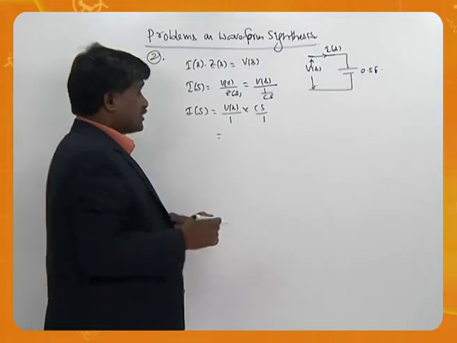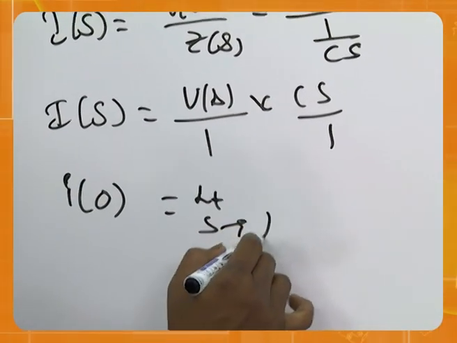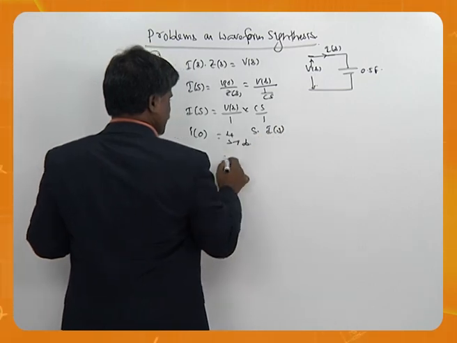What is V of s? He is asking for i of 0 plus, which is the limit s tends to infinity of s into I of s.